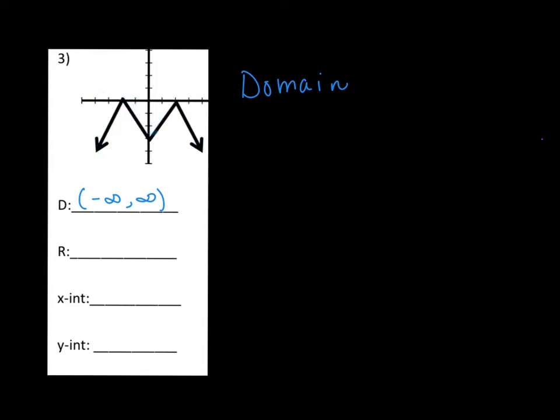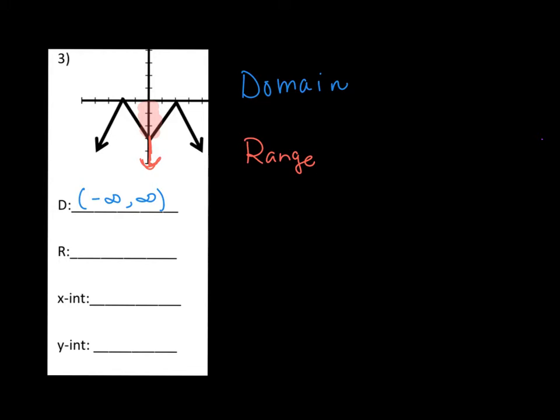So the next one we're going to talk about is the range. For the range of the graph, we always want to go from the graph in towards the y-axis. And this time my y values keep going down. Now remember, for the range, you always want to start from the bottom going up.